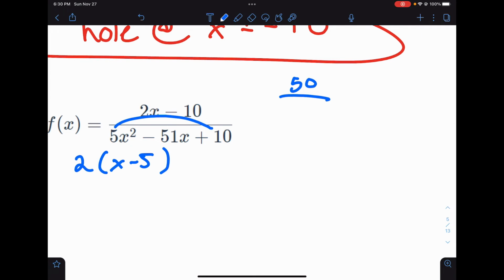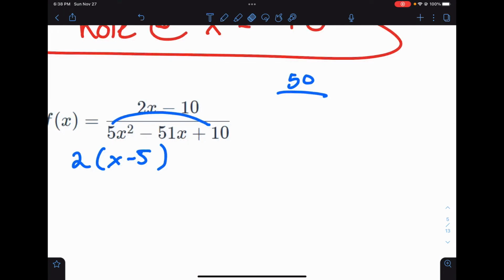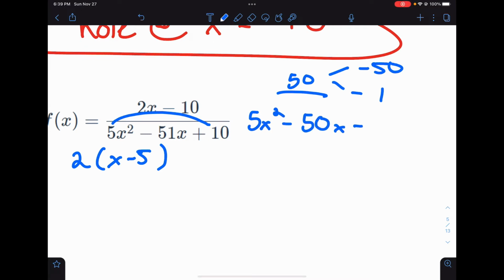So we're going to do negative 50 and negative 1, right? Those are going to multiply and give us a positive 50, add to negative 51. So we're going to go ahead, 5x squared minus 50x minus x plus 10.